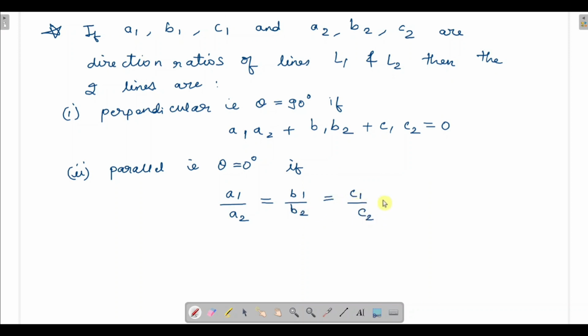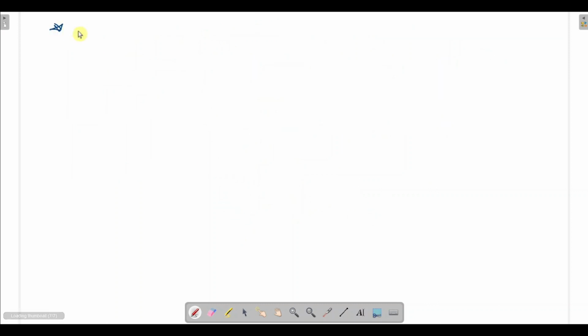Okay, so if the two lines are perpendicular, then you will have A1 A2 plus B1 B2 plus C1 C2 equal to 0. If the two lines are parallel, then we will have A1 by A2 equal to B1 by B2 equal to C1 by C2. Okay, so also it is true conversely. So if this happens, that means the two lines are perpendicular. If this happens, that means the two lines are parallel.